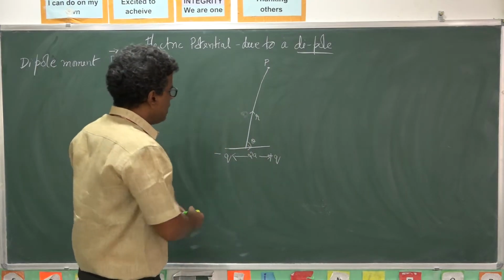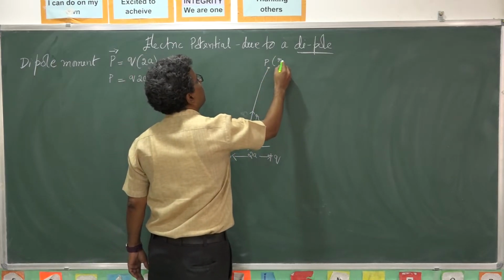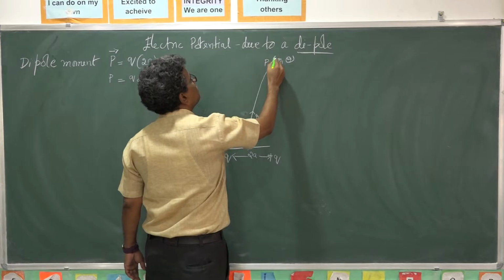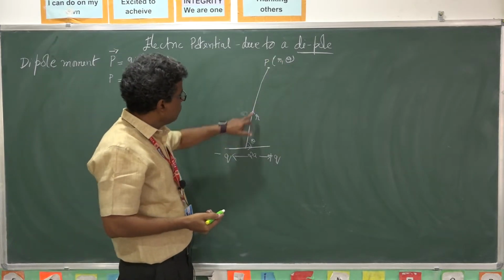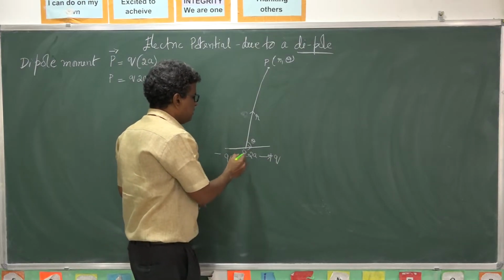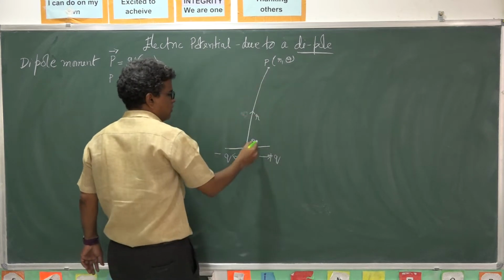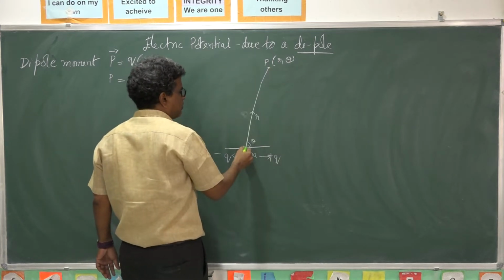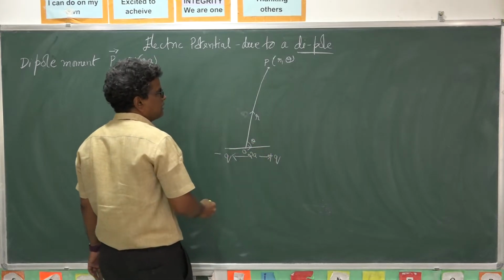So r and theta are the polar coordinates of the point, r theta. That is the position vector from the center O.